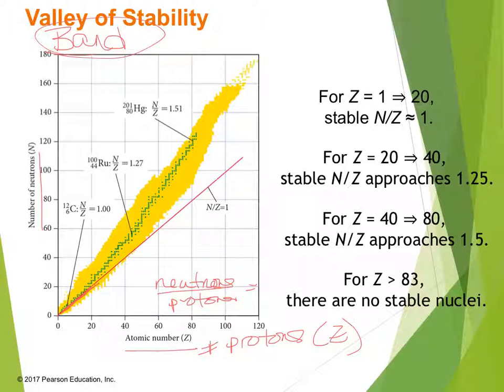Okay, 1 to 1. And that makes for stable atoms. None of these atoms that have an atomic number from 1 to 20 are radioactive.